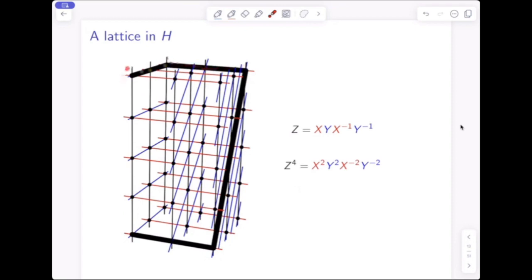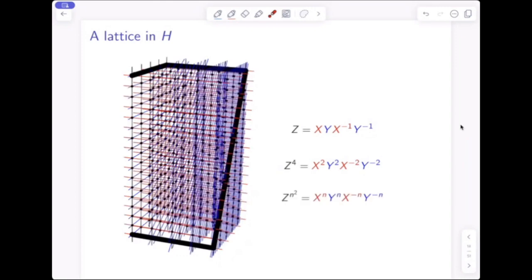And in fact, if you take the whole graph here and you squash the x coordinate by a factor of 2, and you squash the y coordinate by a factor of 2, and you squash the z coordinate by a factor of 4, then you get this picture here with this finer lattice and this bigger spiral here. And more generally, there's an automorphism of this group that sends x to x to the n, sends y to y to the n, and sends z to z to the n squared. So you have a sort of scaling of this graph.